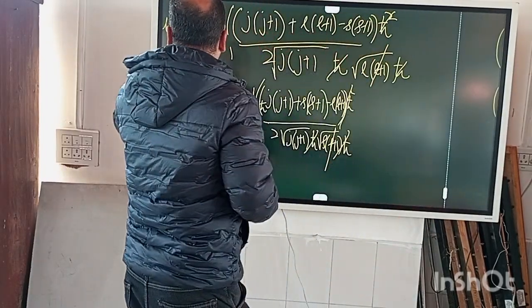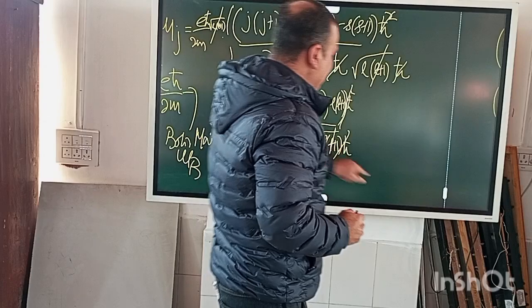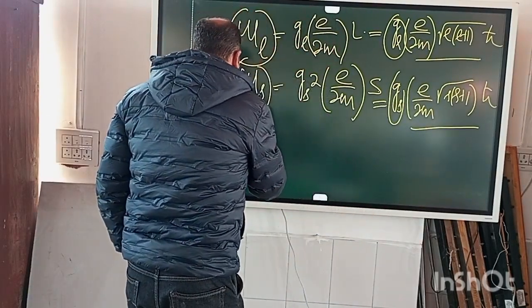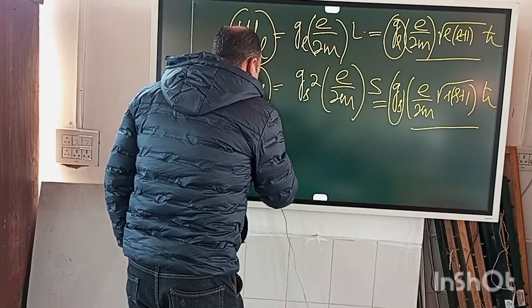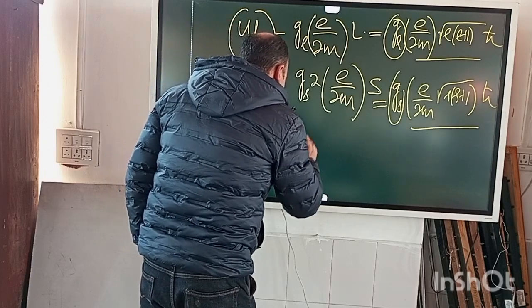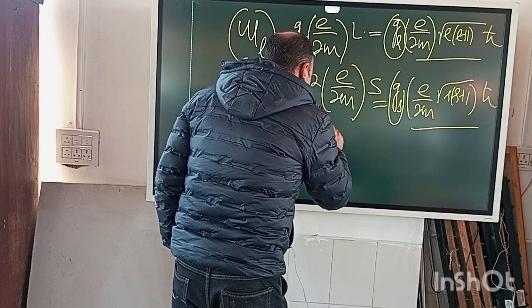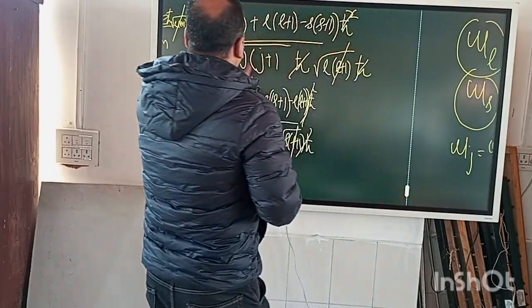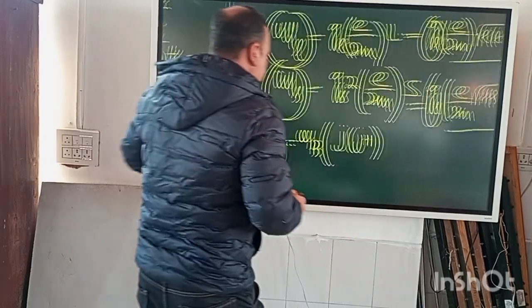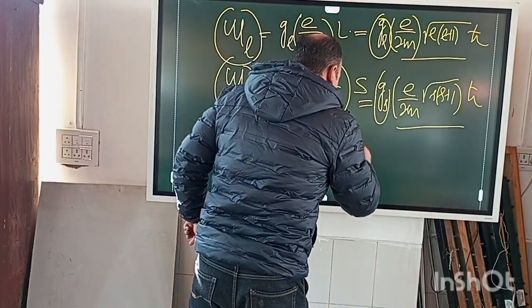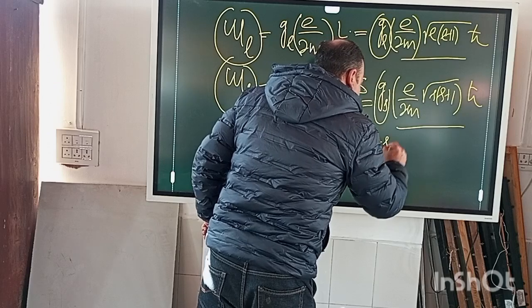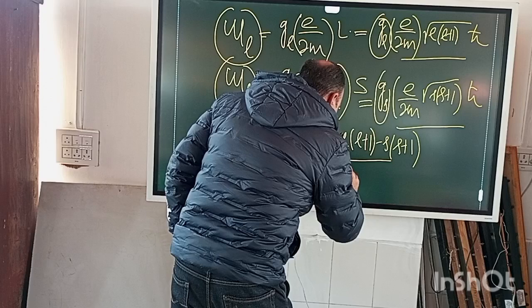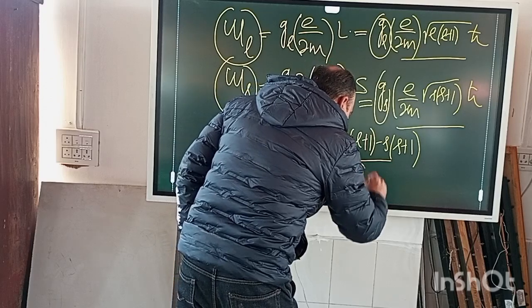So I have mu J is mu B times J times J plus 1, plus L times L plus 1 minus S times S plus 1, divided by 2J times J plus 1.